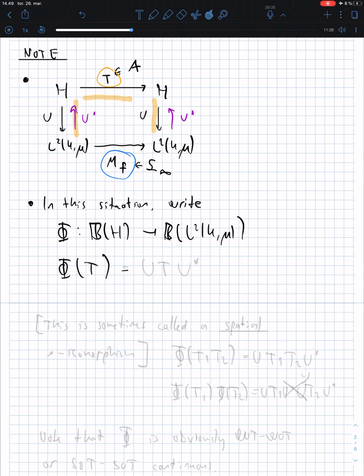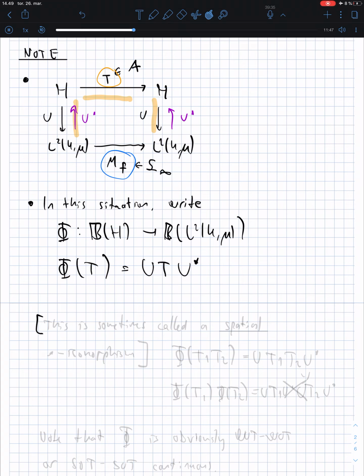So phi of T is just U T U star. So I'm taking the map that takes an operator in B of H and sends it to an operator on L2 K mu by simply composing with U and U star in the only reasonable way.